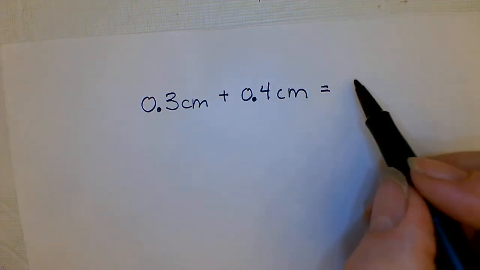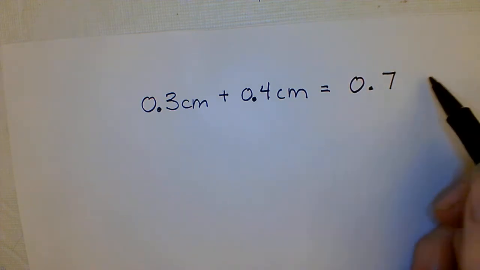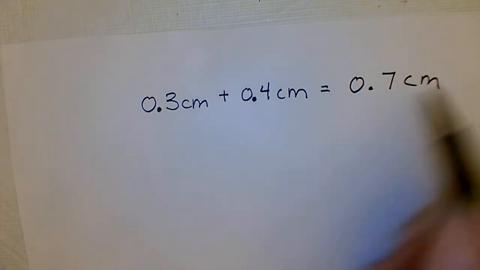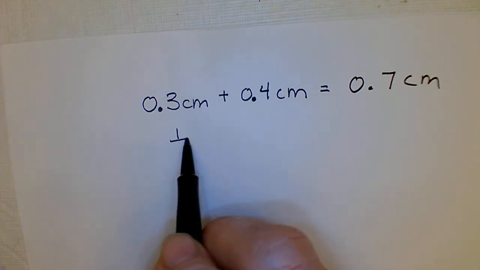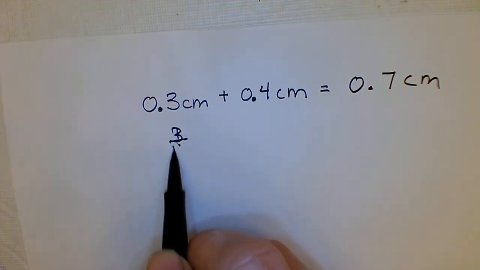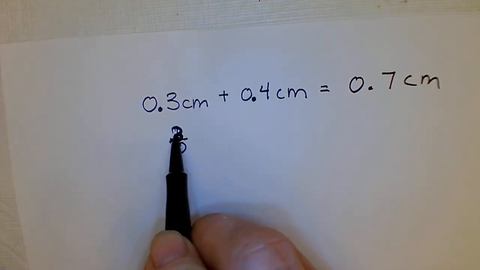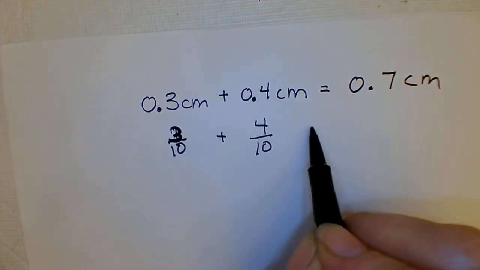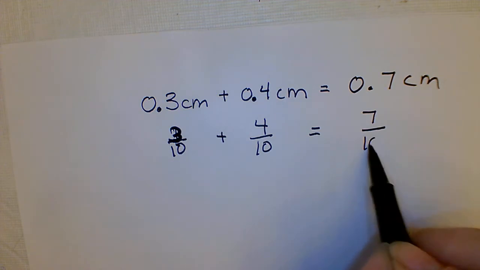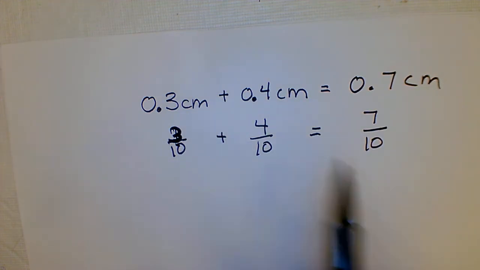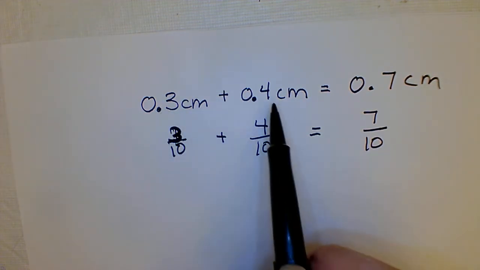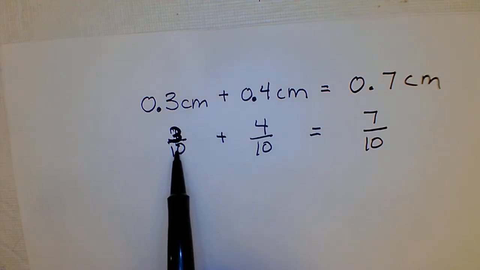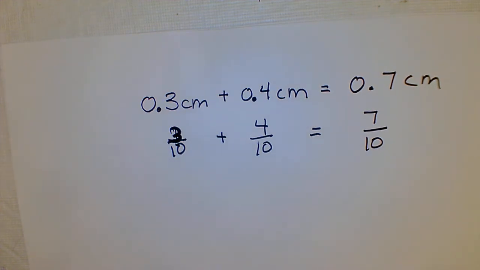And so I'd end up with 7/10ths of a centimeter. And we could do it the other way. 3/10ths, oh, I'm going to keep messing this up tonight. Plus 4/10ths is equal to 7/10ths. So again, 3/10ths plus 4/10ths is 7/10ths.